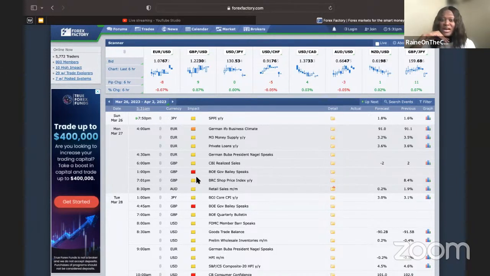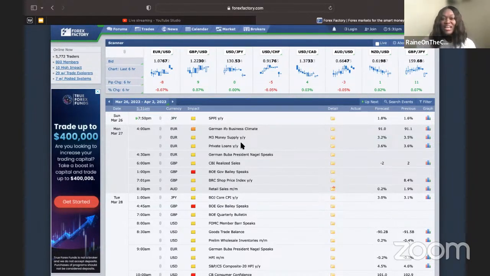Sometimes you just have to watch and wait for that crazy spike and then jump in and take advantage of it, as opposed to being premature and then it goes the opposite direction and you lose money because you didn't even have a stop loss, because some people are reckless like that.